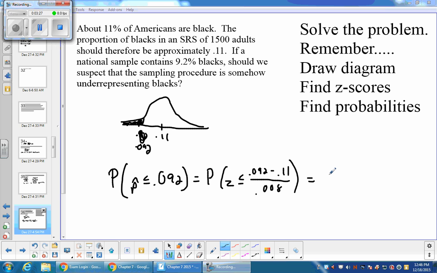I got a z-score of negative 2.25, and the probability that z is less than negative 2.25 is 0.01.